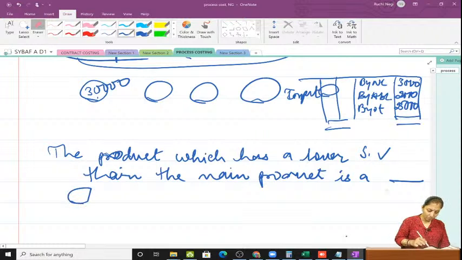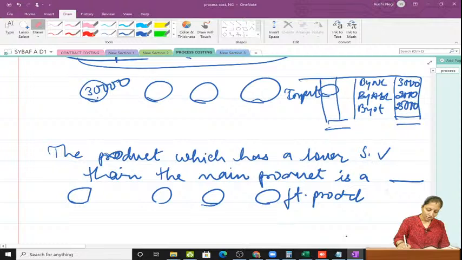Okay, so we had discussed about joint products, we had discussed about byproducts.